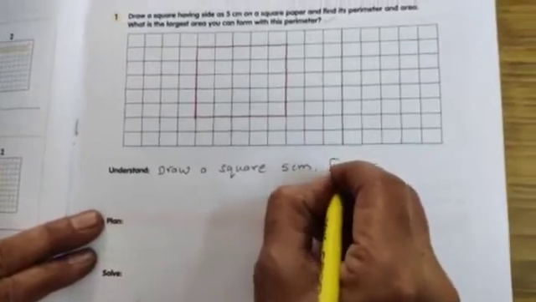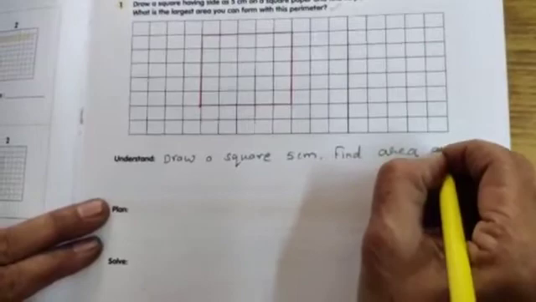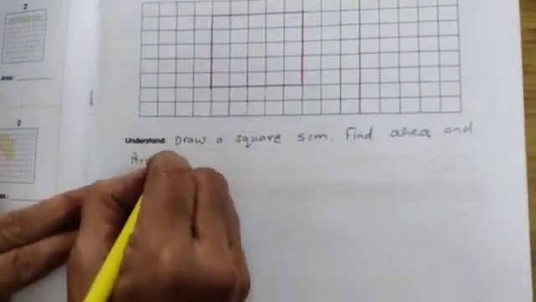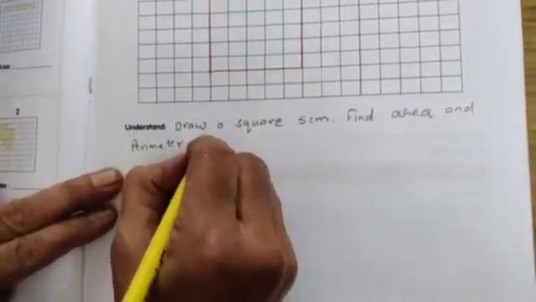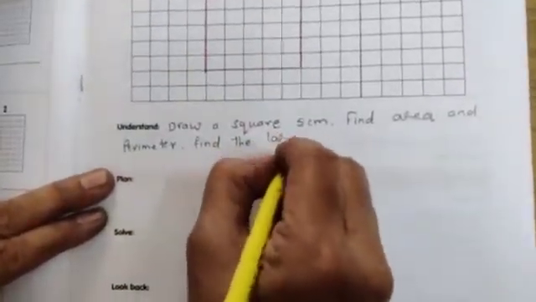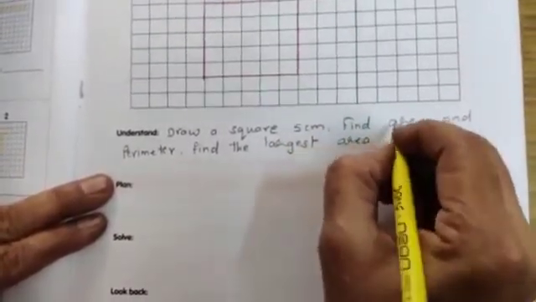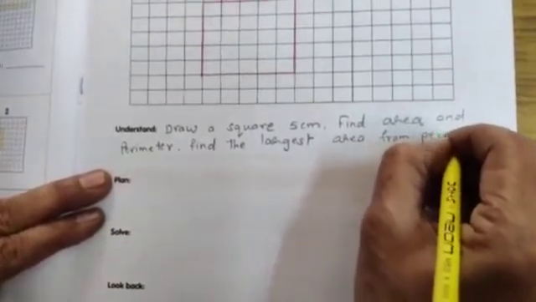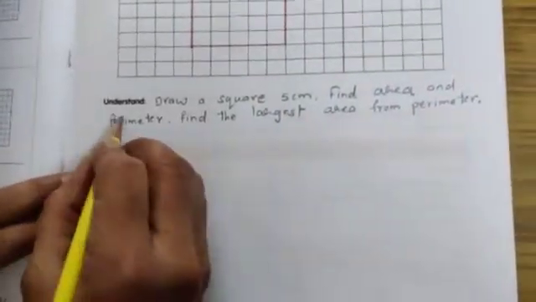Then find area and perimeter and find the largest area from perimeter. So it is the understand column.